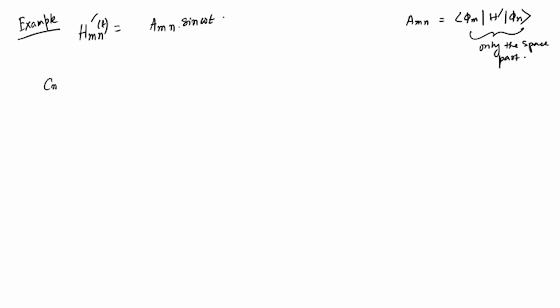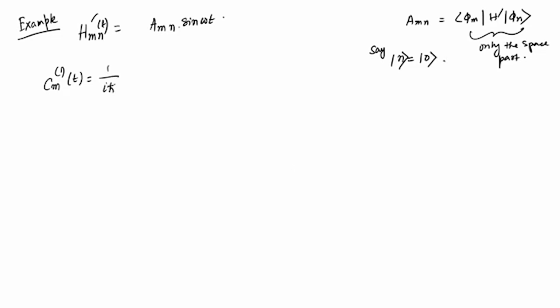So, we have C_m^(1)(t), the one that we have written down, and we can take this n state to be equal to the original state. So, let us just say that your n state is a ground state. Okay. So, this is n equal to 0, say. So, you assume that it is the ground state of the system.